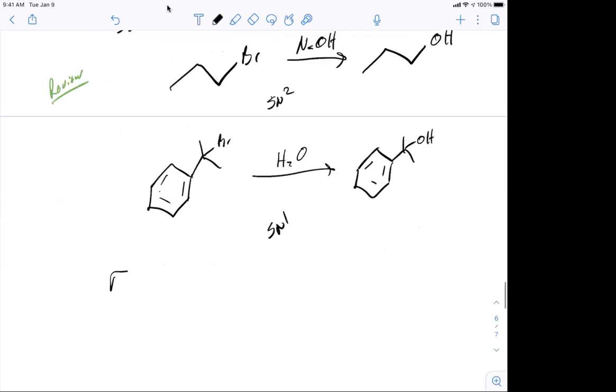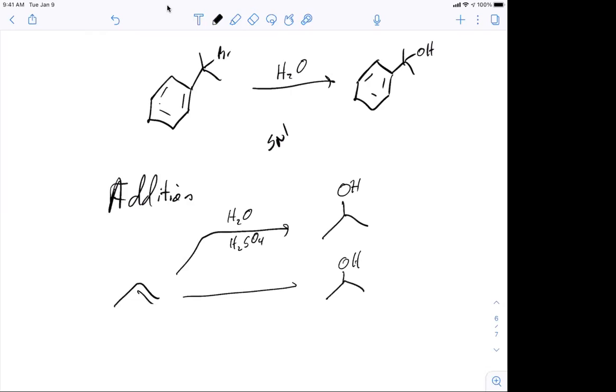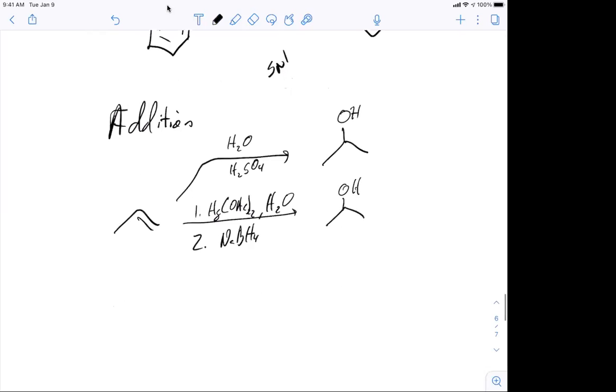Okay. We also have addition reactions. So if we start with an alkene, I could end up with an alcohol using water and acid. I could end up with an alcohol by using oxymercuration, demercuration, followed by mercury acetate, followed by water, followed by sodium hydroxide.